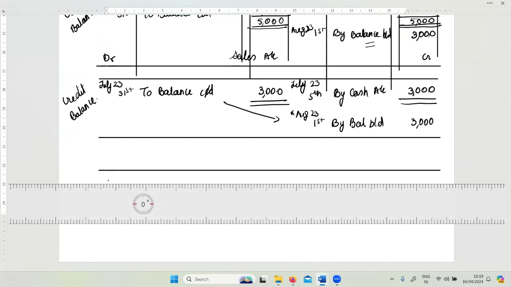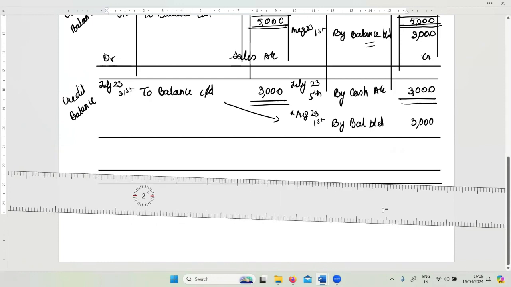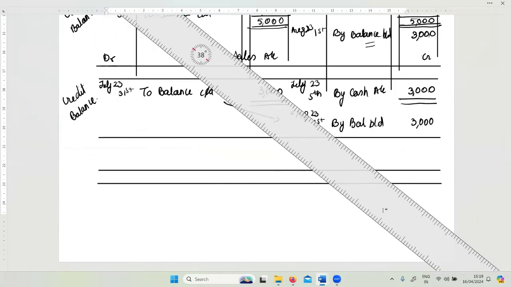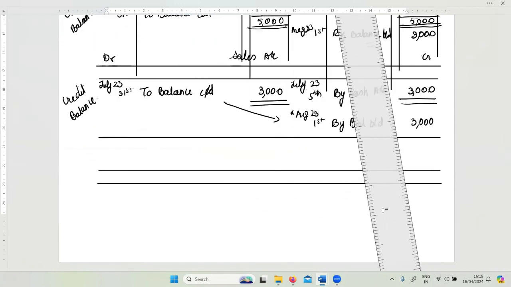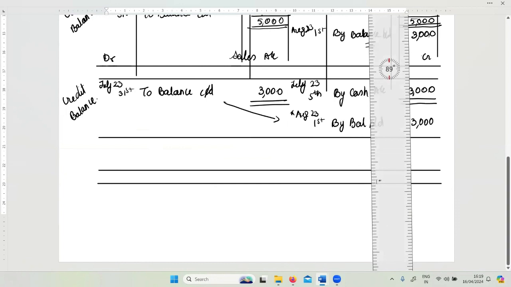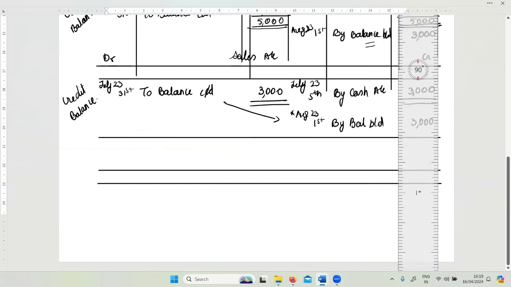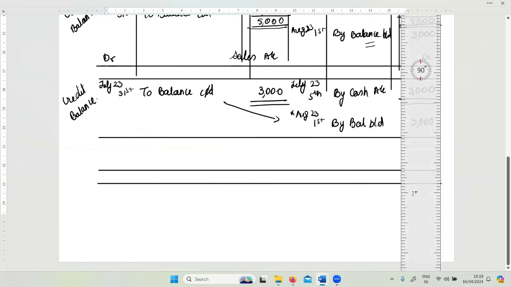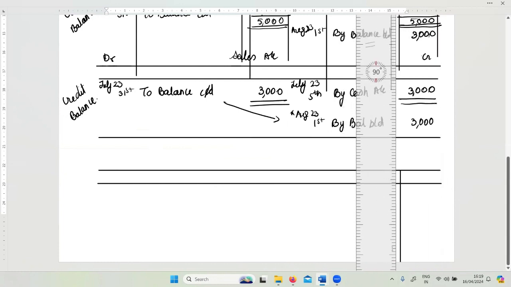So let's suppose we decide that we prepare the trial balance on 1st of August. In this case, you will have to take into consideration the debit balances and the credit balances that exist in the ledger accounts. So I will take first the debit balances and the second part, which is the credit balances. This is how the format will look.